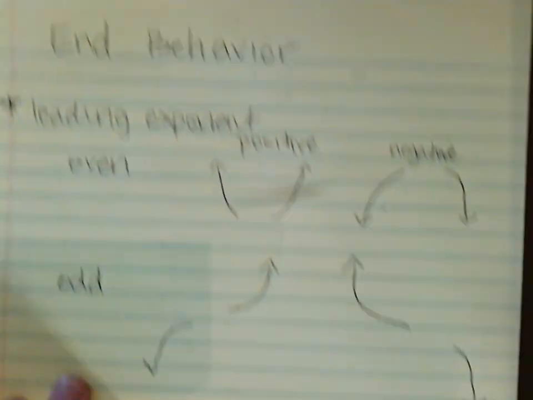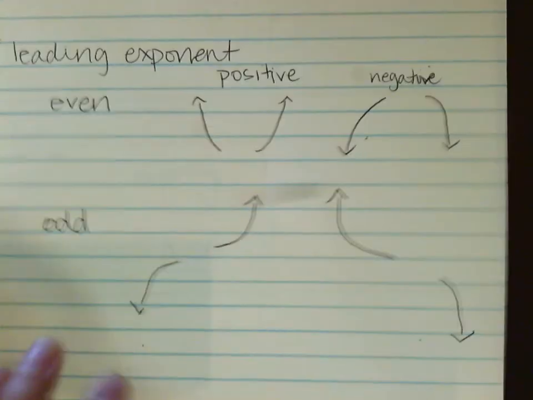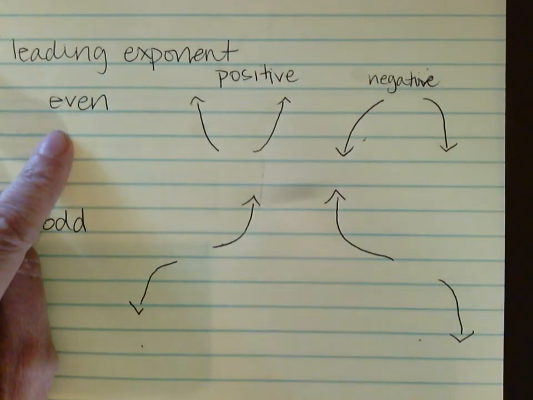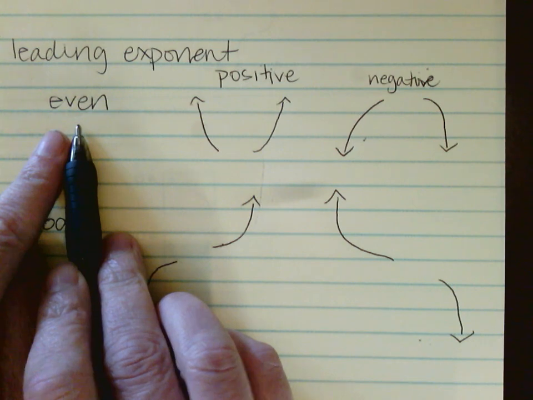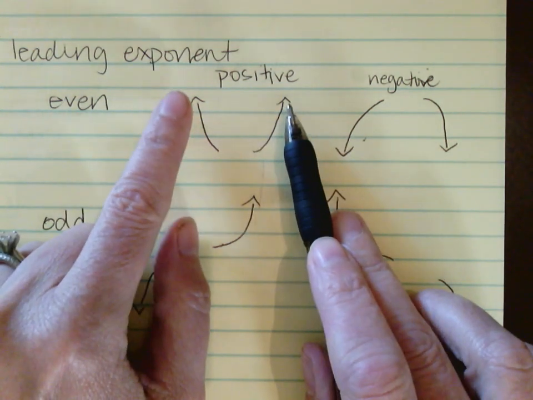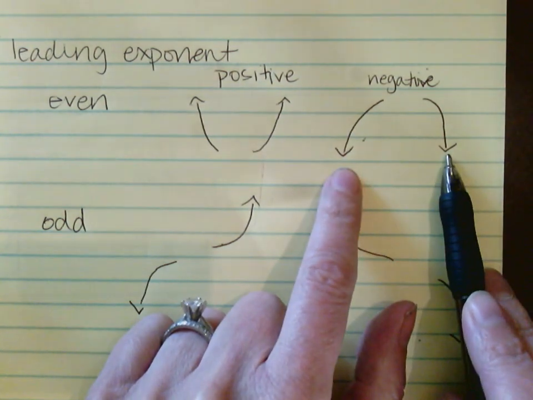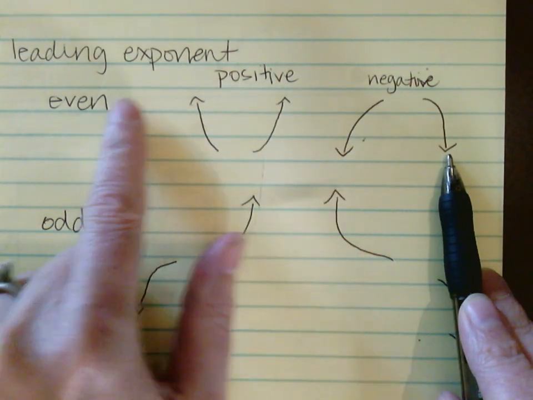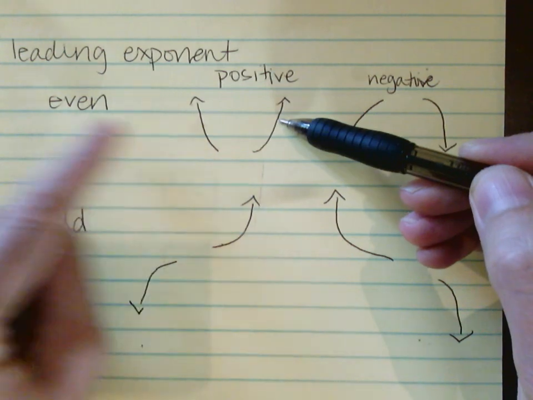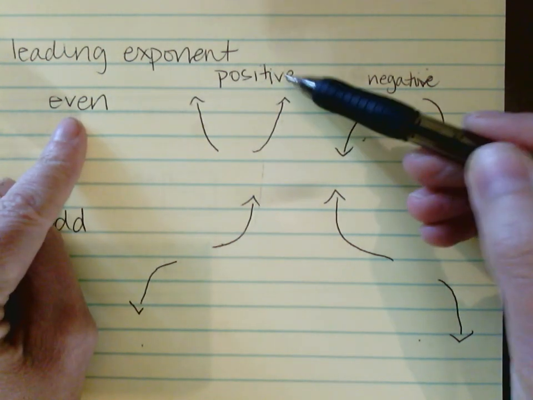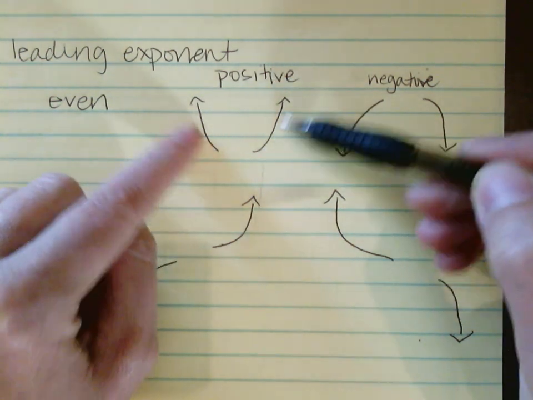So again, looking at this chart, if the leading exponent is even, that means your ends are going to be going in the same direction, either both up or both down. Then, if the leading term is positive with an even exponent, they'll both be going up.